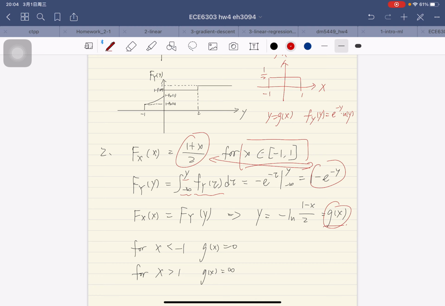So according to the integration result, how can we make this function 1 minus e to the power of minus y equal to 1, which means y should go to infinity. So g(x) is equal to infinity when x is greater than 1.